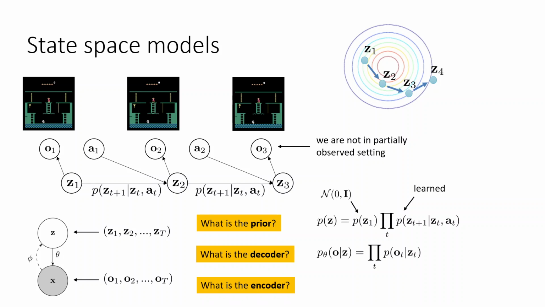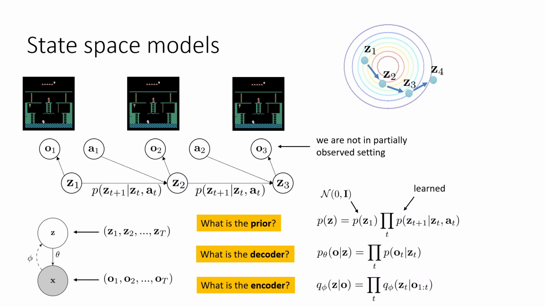Now what about our encoder? Can our encoder also be independent? Well, in general, the answer, of course, is no, because if we're in a partially observed setting, the whole point is that o2 doesn't have enough information about the underlying state z2. So our encoder in a sequence VAE is typically actually the most complex part. The encoder is going to give us the distribution over z_t given all of the previous o's.